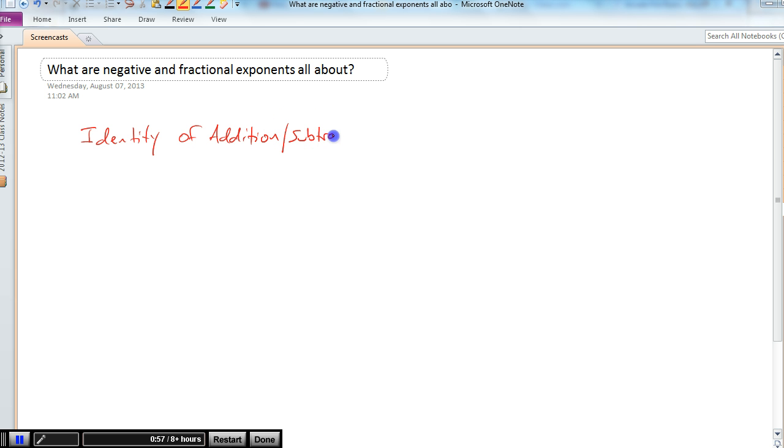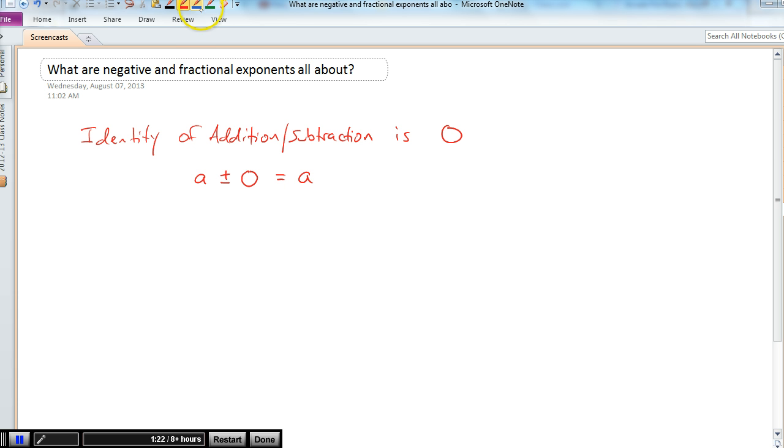They're inverse operations, I suppose, but subtraction is just the addition of a negative number. So the identity of addition and subtraction is 0 because when you add a number or subtract a number to or with 0, you're going to end up with that same number. That's why it's called the identity.